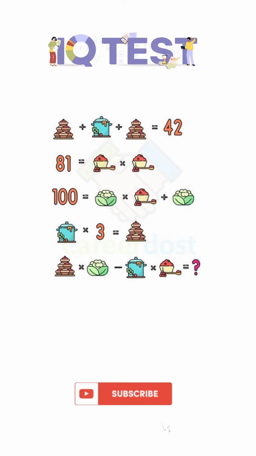So we have 18 multiplied by 10 minus the blue pot, which is 6, then multiplied by 9. Are we okay? So we do the multiplication first. We have 180 minus 6 multiplied by 9. That will give us 54. So the answer will be 180 minus 54. That will give us 126.